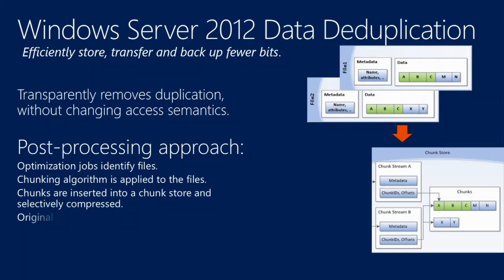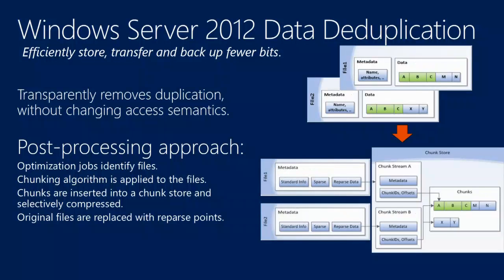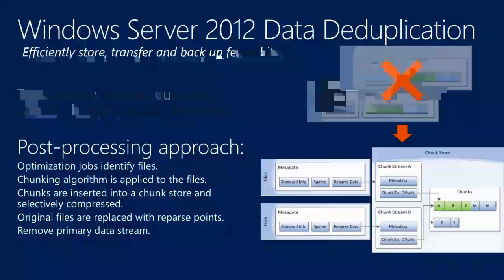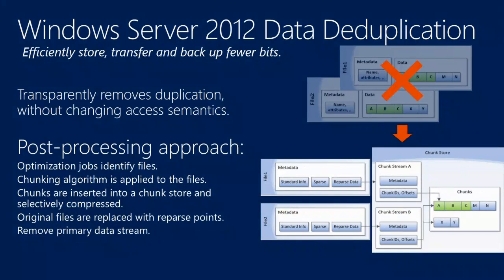And then we go back to the file system, and instead of the file, we put a reparse point that points into the chunk store so that you can find the chunk map and go find the individual files. And once you have that written, you simply remove the primary data and all the duplication goes away and the amount of storage that you consume goes down.